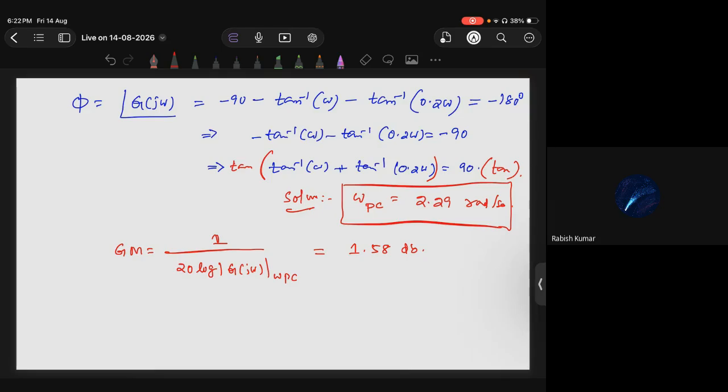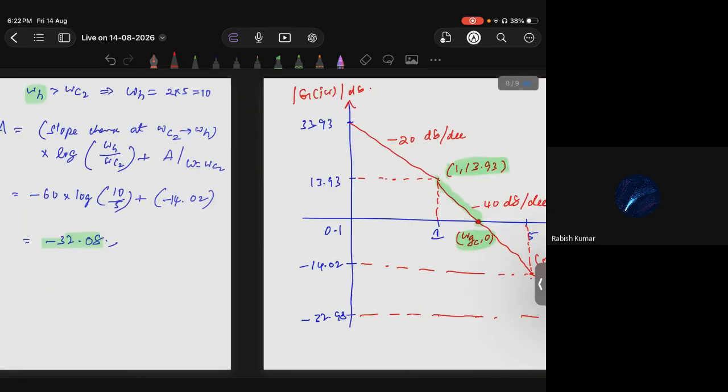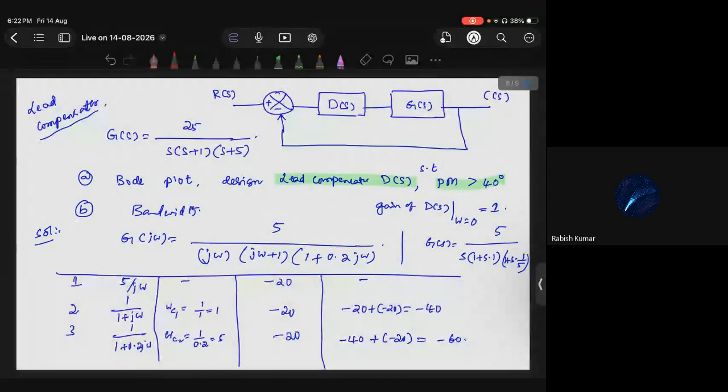Now, what is our question? The question is to plot the Bode plot, design the compensator, and make the phase margin greater than 40. So what we can do is first find the phase margin.